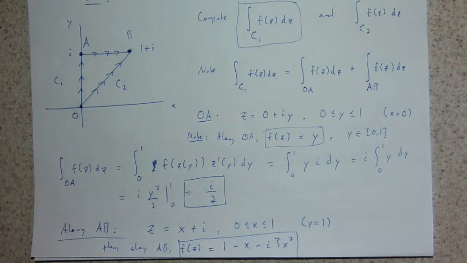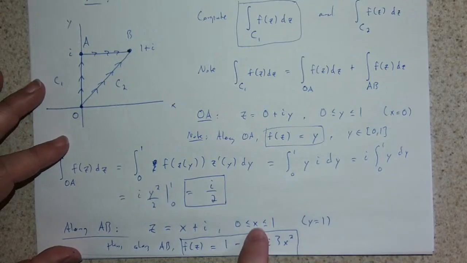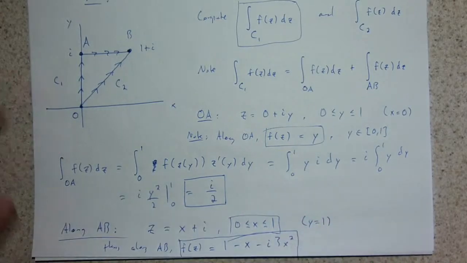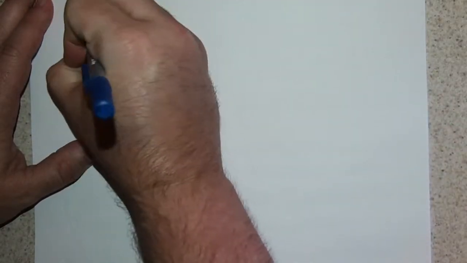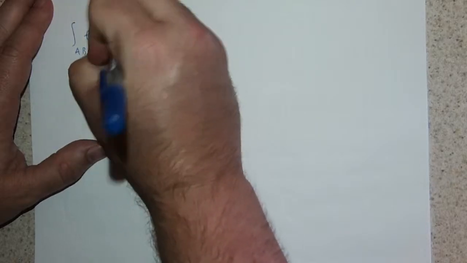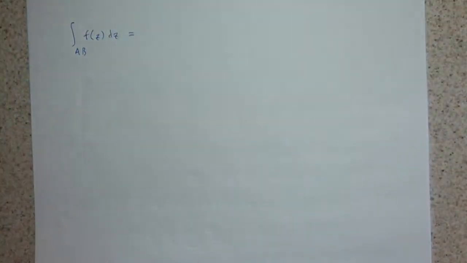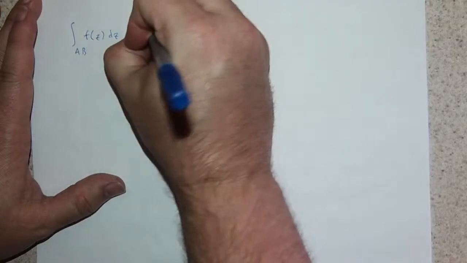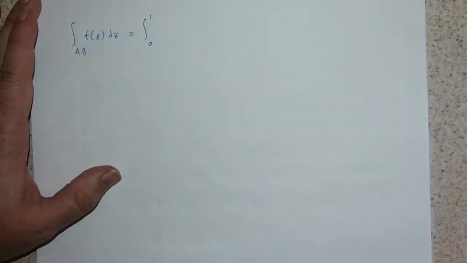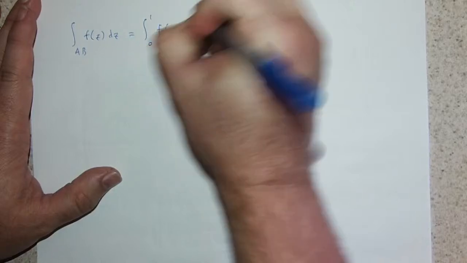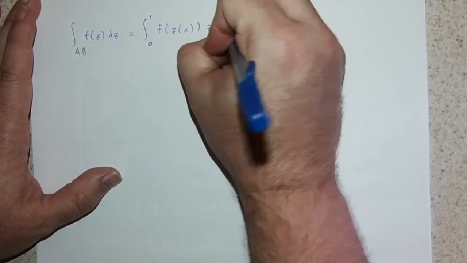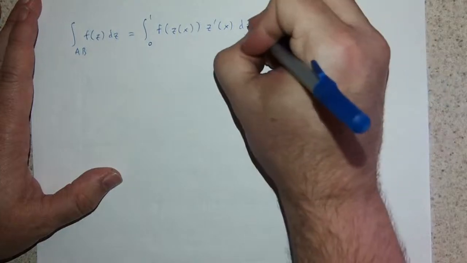All right. And so if I'm looking at a description now in terms of this parameter x, I'm doing this contour integral in the following way. So that's the integral along AB of f of z dz is equal to the integral from 0 to 1, now this is describing where the parameter x lives, of f of z of x, right, times z prime of x dx.